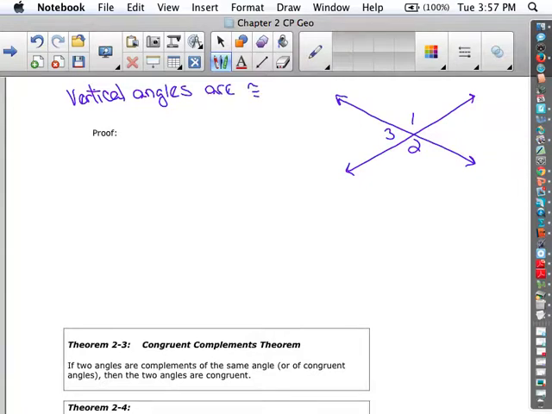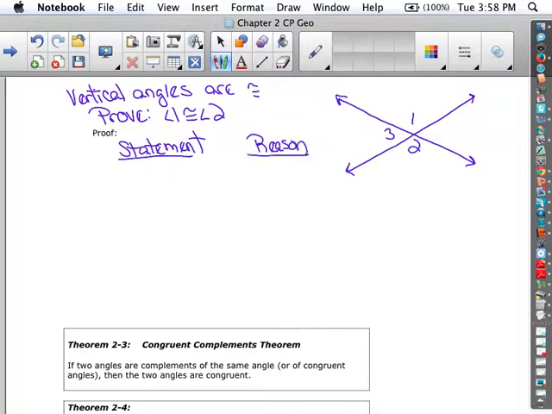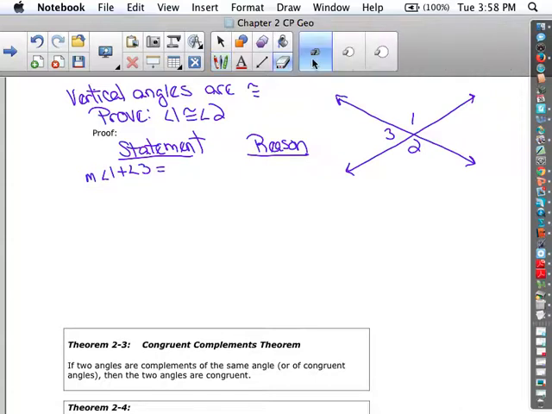In order to prove that, I have to prove that angle 1 is congruent to angle 2. And I'm going to do a 2-column proof as we've done in class. Statement and reason. What I'm given is the diagram. So from the diagram, I know that the measure of angle 1 plus the measure of angle 3 equals 180.